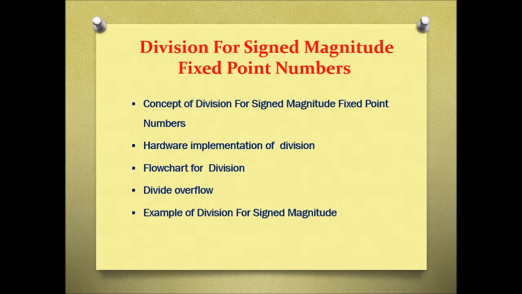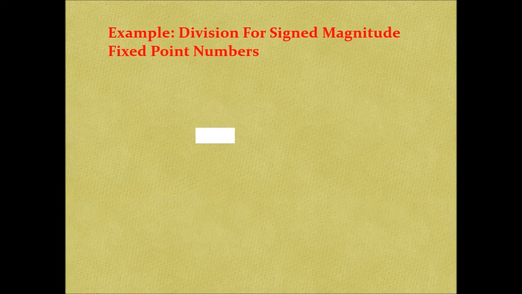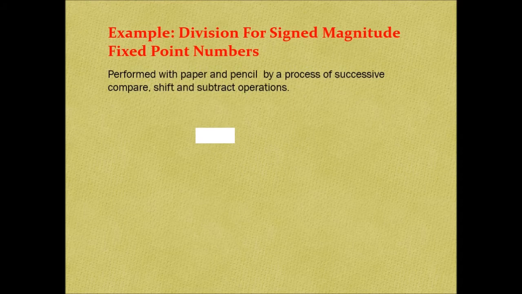So now start with the basic concept of division for sign magnitude fixed point numbers. For this, we will perform the division operation by paper and pencil method. This method includes the successive compare, shift and subtract operation.